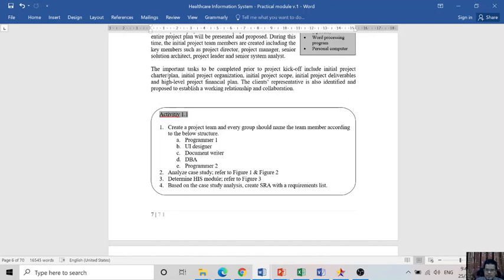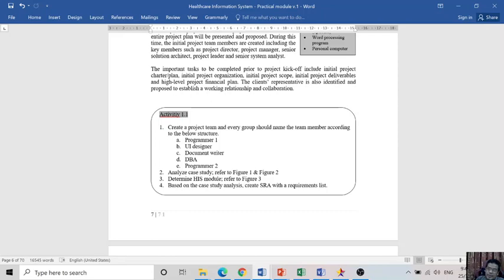For example, the DBA, after you create the tables and the database structure, can offer to do some programming. I think these roles are enough for completing your SRS module.